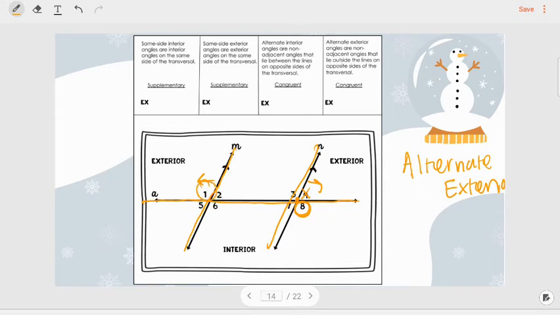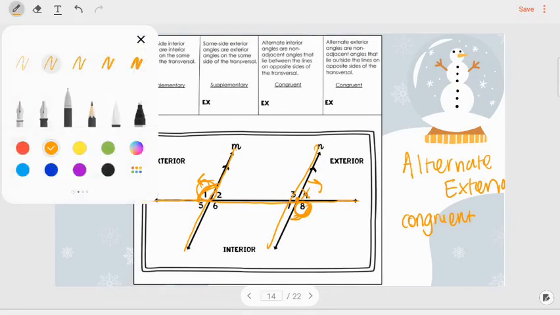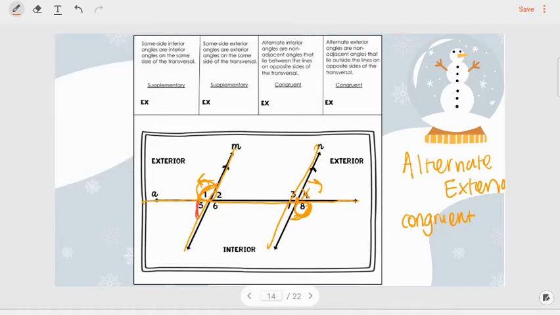So angle 1 and angle 8 are alternate exterior angles, and you'll notice that they're the same size. Alternate angles are also congruent. And if I looked at any other angles on my exterior, angle 5 and angle 4 are also alternate exterior angles.